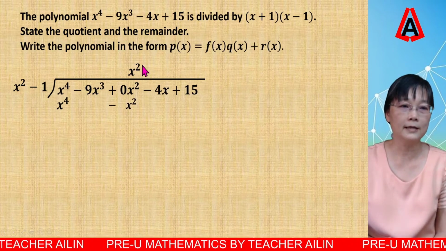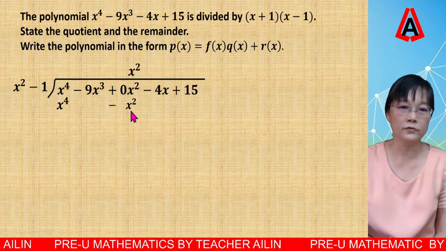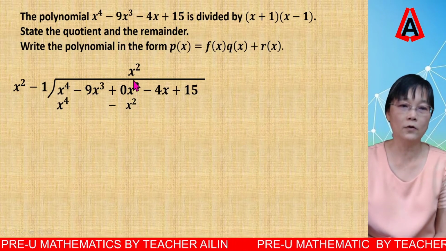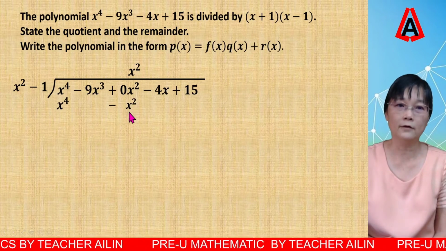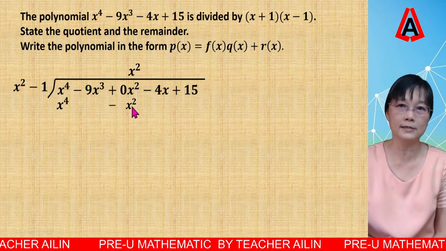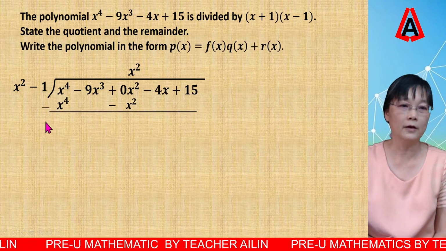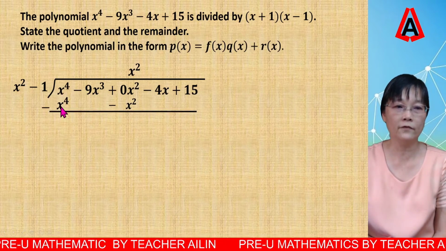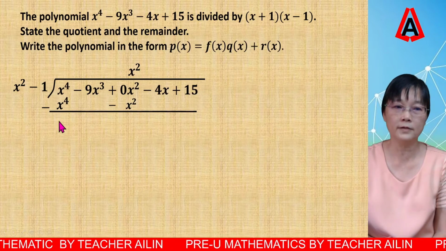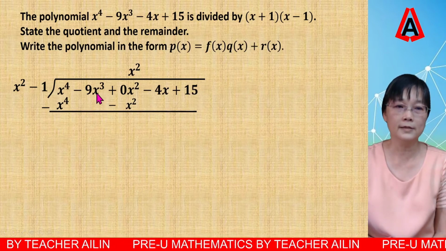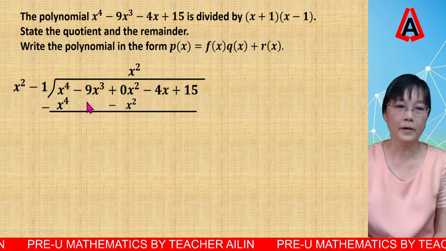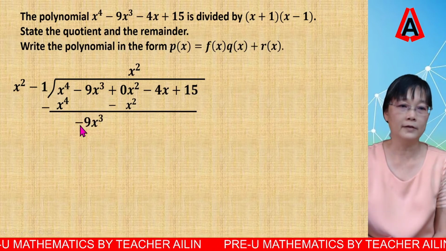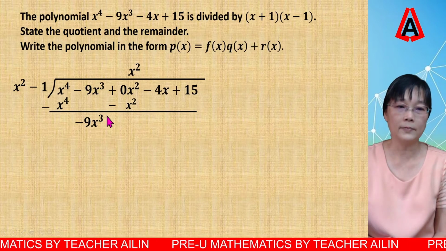Since negative x power 2, we should write at the same column as the x power 2 here, so that later when we do the minus, it is not confusing. So now when we minus, x power 4 minus x power 4 is equal to 0. For this x power 3, negative 9x power 3 minus 0, then we get negative 9x power 3.